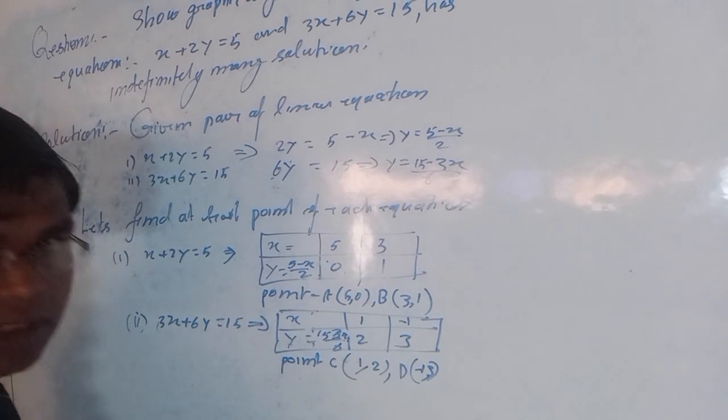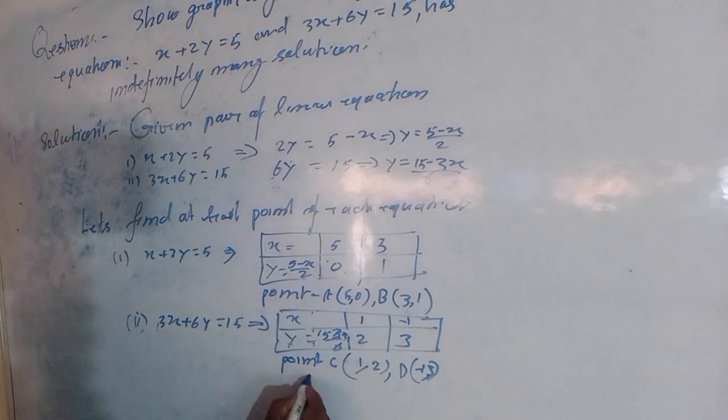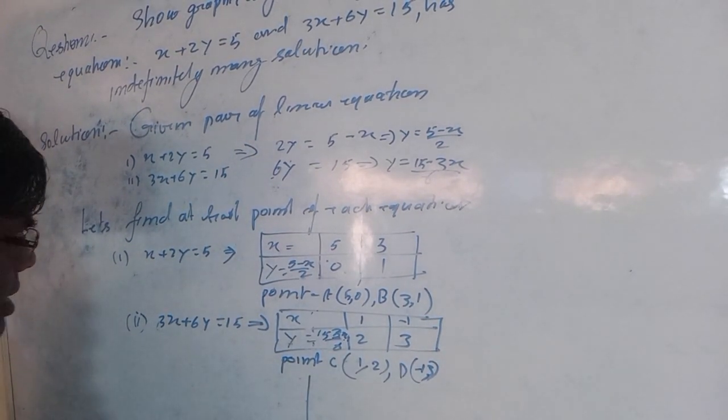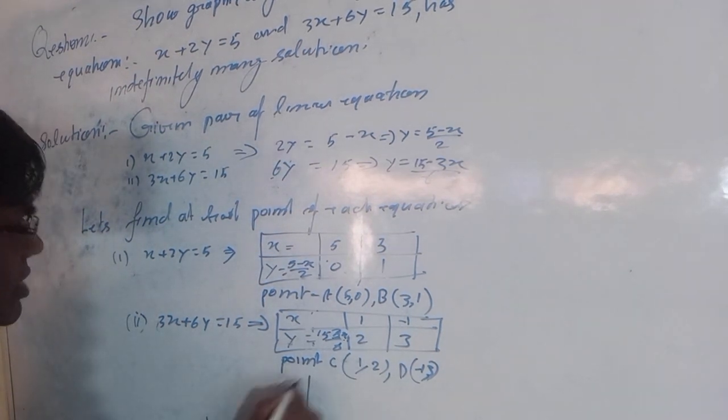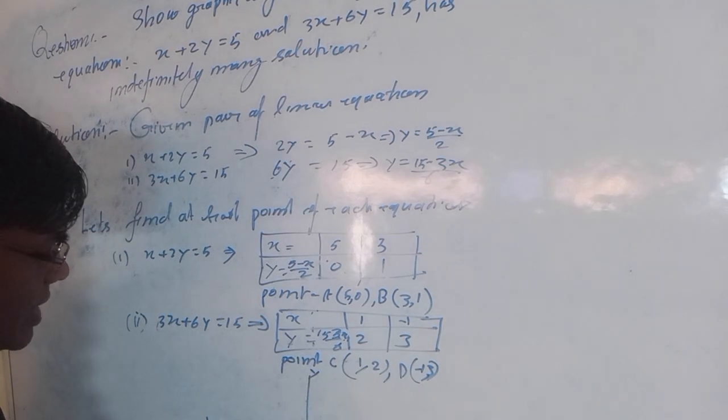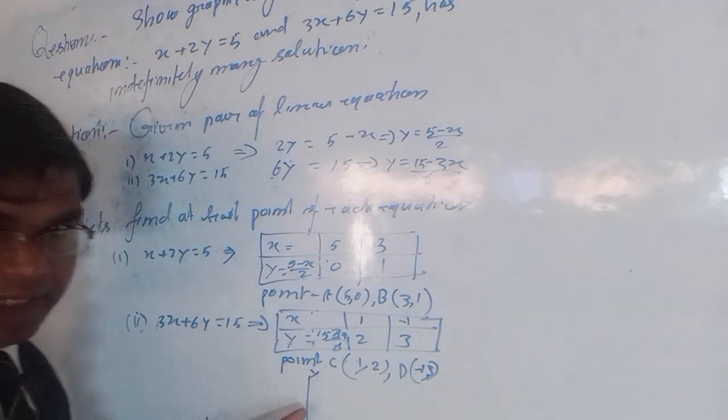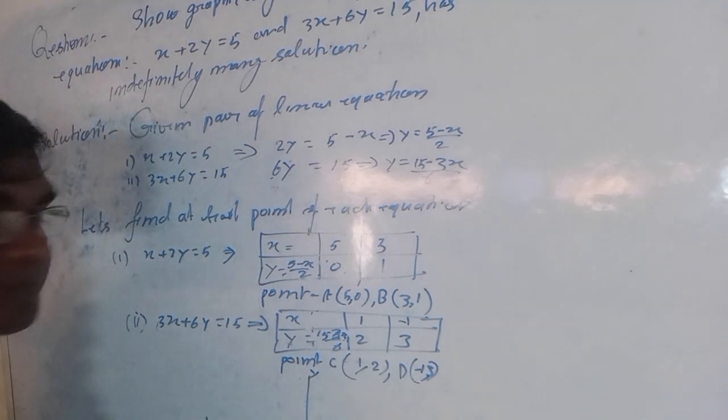Okay, so here is the place. This is the x-axis and x dash, the y-axis and y dash. Here is 0.